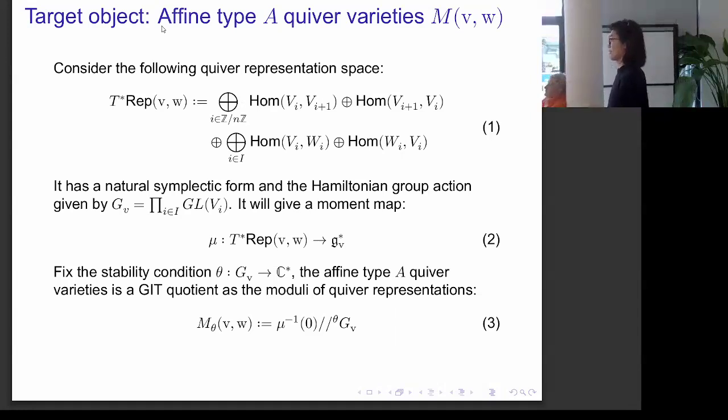At first, we use the automorphism of the Vi, which gives a Hamiltonian action over this representation space. Since this is a Hamiltonian action, it gives you a moment map. After having this moment map and fixing a stability condition, you can do a GIT quotient over the inverse image of the moment map, and this will give you the affine type A quiver varieties.